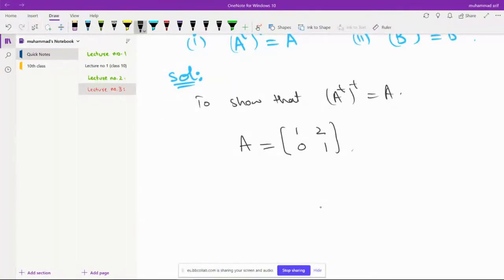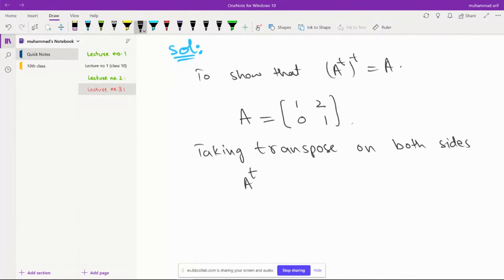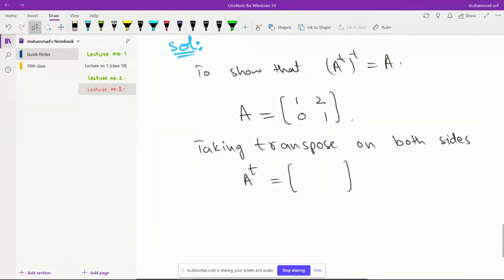Now taking transpose on both sides, which gives A transpose is equal to, by the definition of transpose, rows are converted into columns and columns are converted into rows.